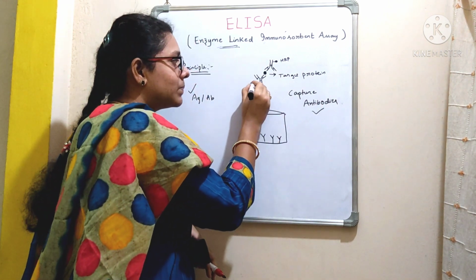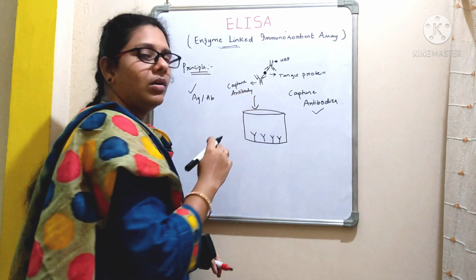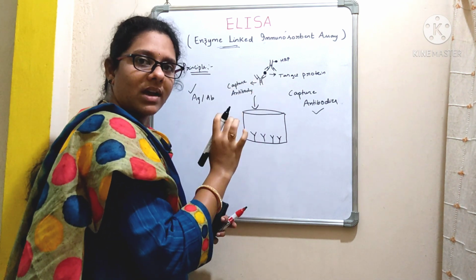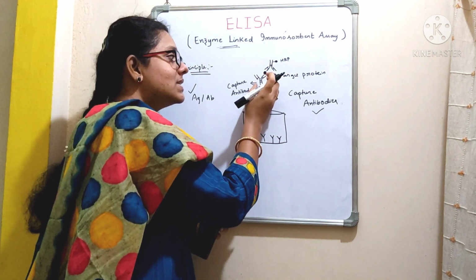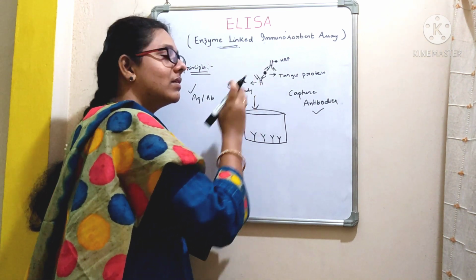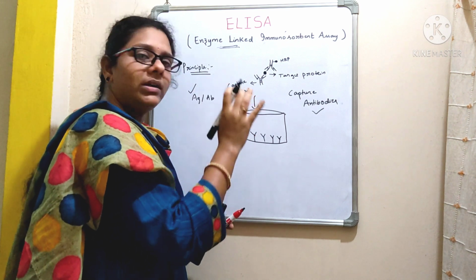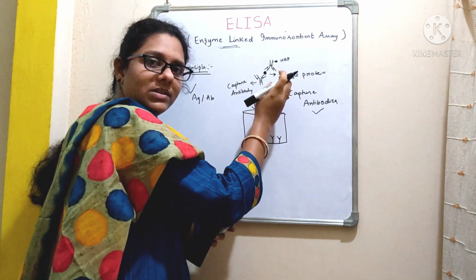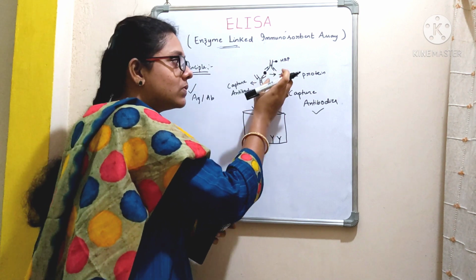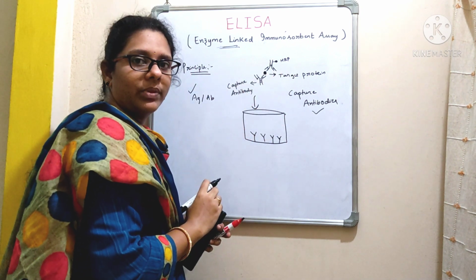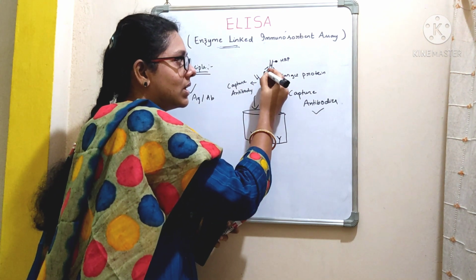So this is the capture antibody. I already told you both the antigen and antibody reactions are specific. So this antibody will react with the antigen only if it is specific. In order to identify a specific antigen, first we are immobilizing the antigen with the help of the capture antibody, right? So it got attached here.